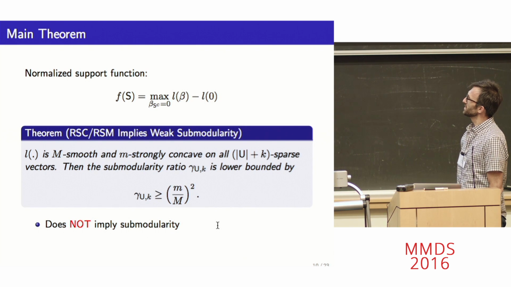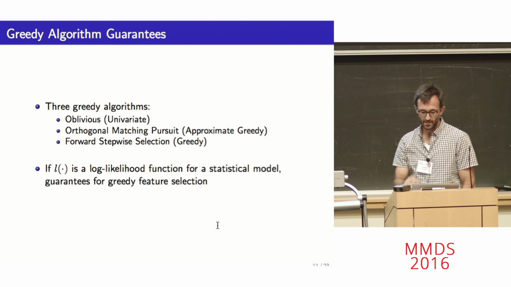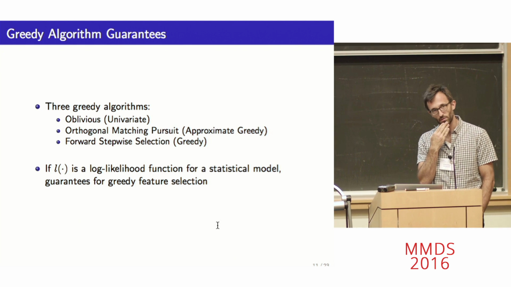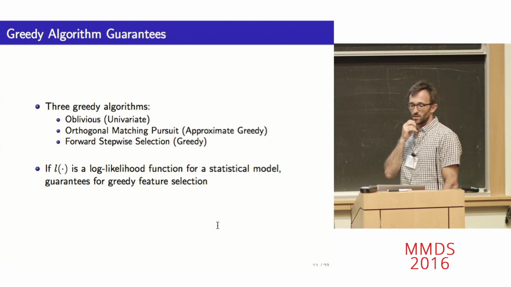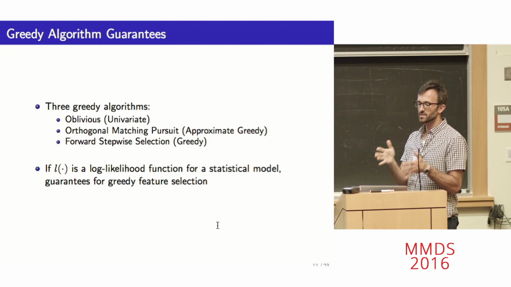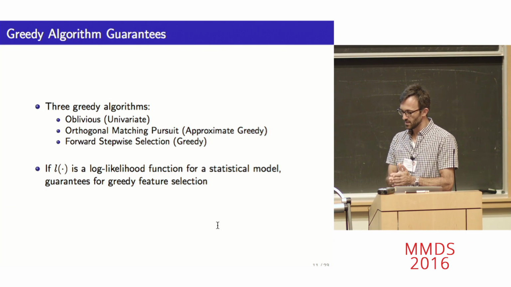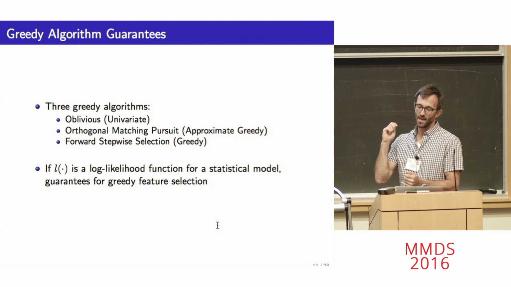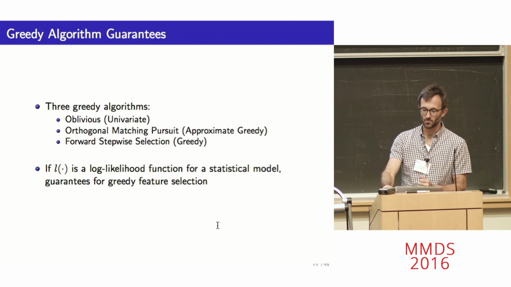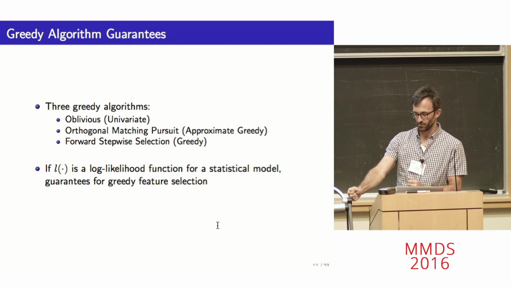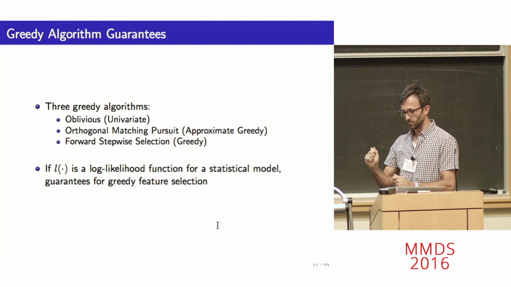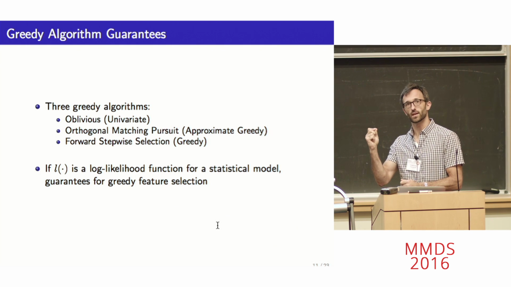So let's now use this main result to analyze 3 greedy algorithms. The Oblivious algorithm is essentially a completely non-adaptive algorithm. It says: how much would I benefit if I added object 1 to my set? What is the value of object 2? What is the value of object 3, as just single objects?